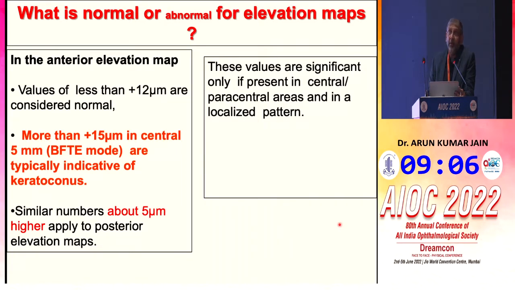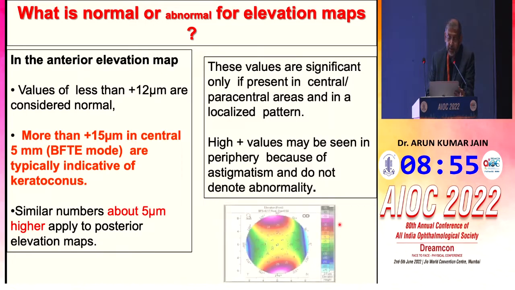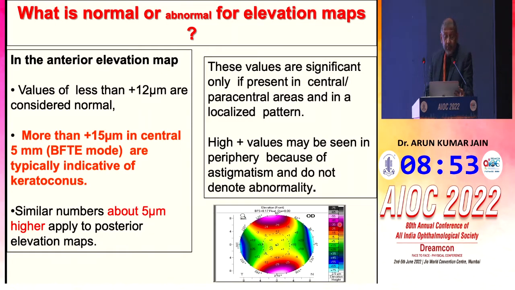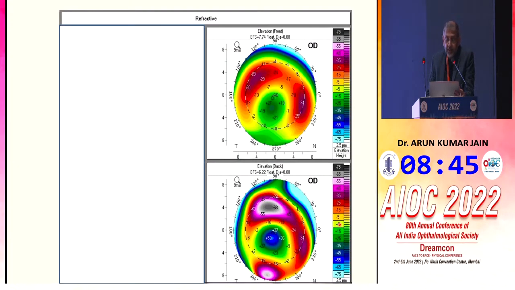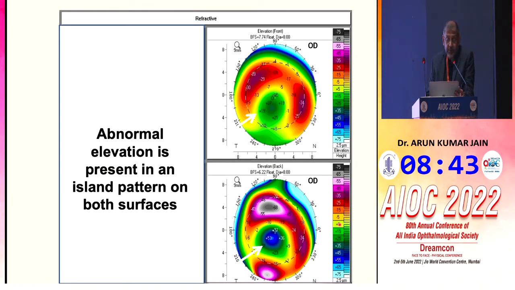Similar numbers, about 5 micron more on the posterior surface, are taken as significant. These values are significant only if present in a central or paracentral area in a localized pattern. High plus values may be seen in the periphery because of astigmatism, and they do not denote abnormality. So abnormal elevation can be present in an R-line pattern on the anterior as well as posterior surface.